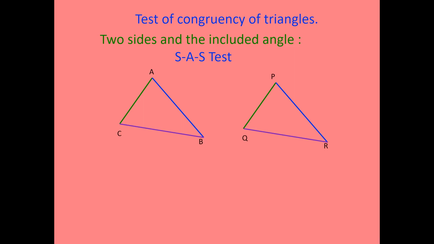When SAS test is given, it means two sides and the included angle. So you can see side AC congruent to side PQ, angle A congruent to angle P, and side AB congruent to side PR. You can see that the two corresponding sides are marked and their included angles are marked.